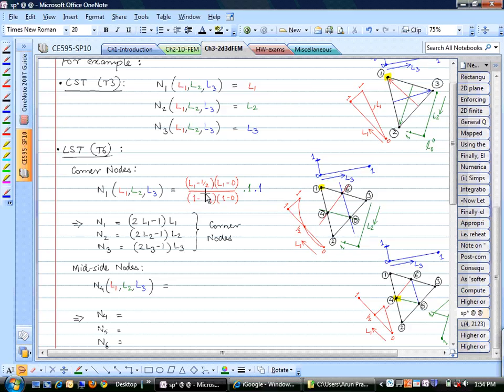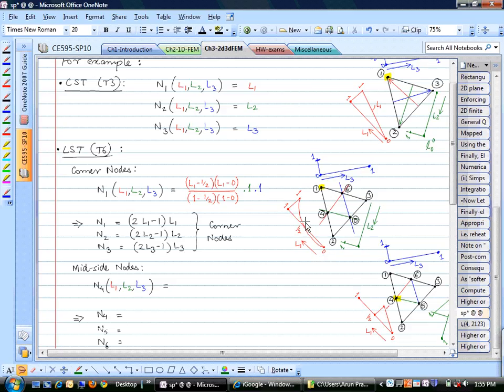We have it right here. If you have L1 minus half, that means that this function will go to 0 at half. You have L1 minus 0, which means this function will go to 0 at 0. And divided by the same quantity, but with L1 equal to 1, therefore this entire thing is the representation of this curve. This is the Lagrange polynomial for this curve.